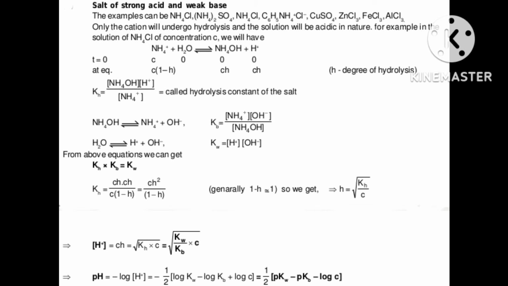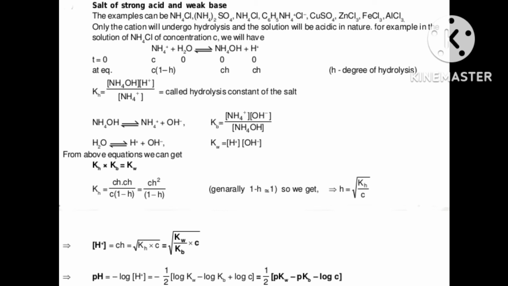That is equal to C alpha square, means 0.05 alpha square. Then alpha value will be under root 1.77 into 10 to the power minus 6 divided by 0.05.